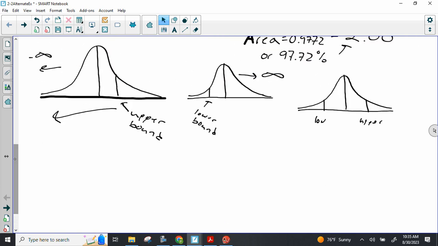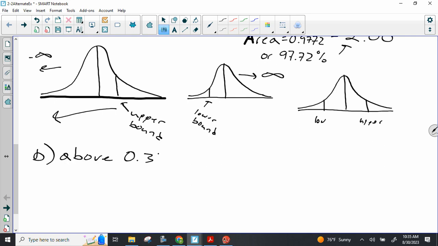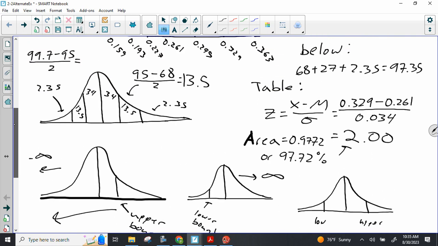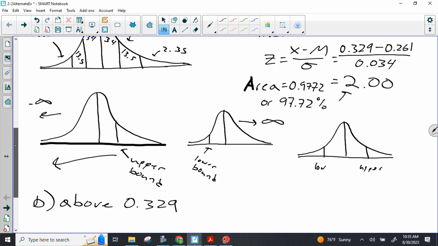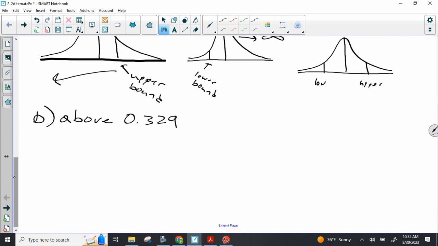So for B, let's look at above 0.329. All right, we already got a z-score for that, right? We know that at 0.329, we have a z-score of 2. At that point, our standardized value is 2.